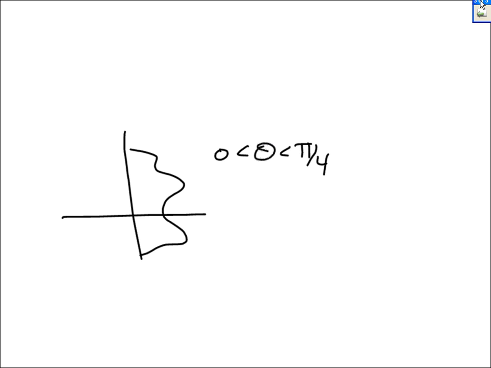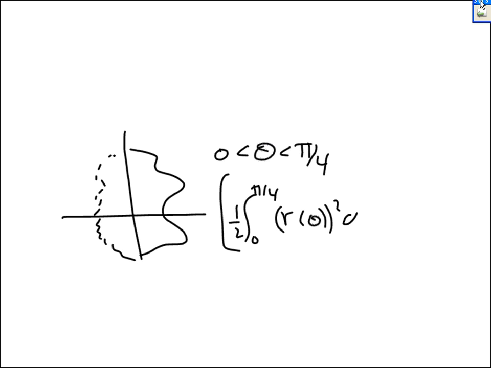So you would integrate from 0 to pi over 4, and since it's a sine graph, you know that the other half, the left half, is the same. So you happen to have a half in that integral, r of theta squared d theta, and then you double it.